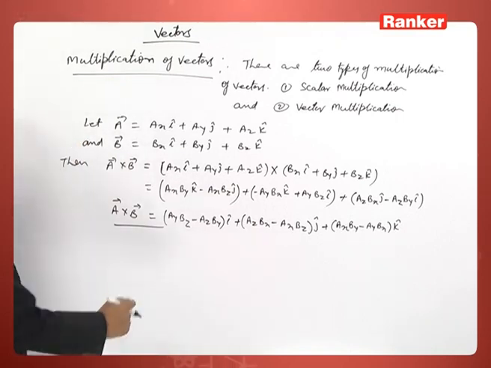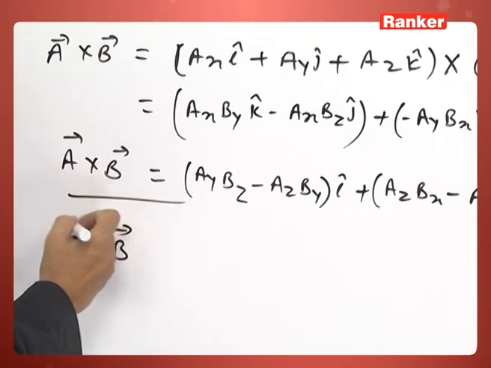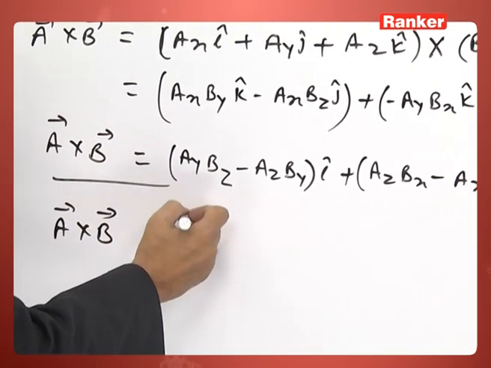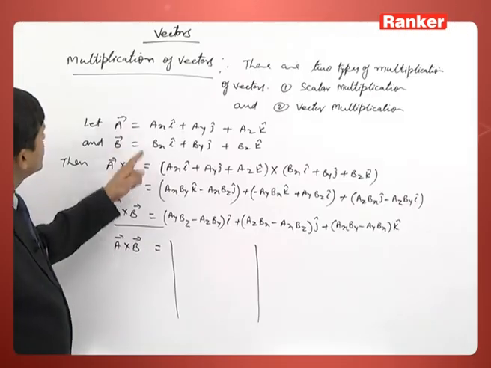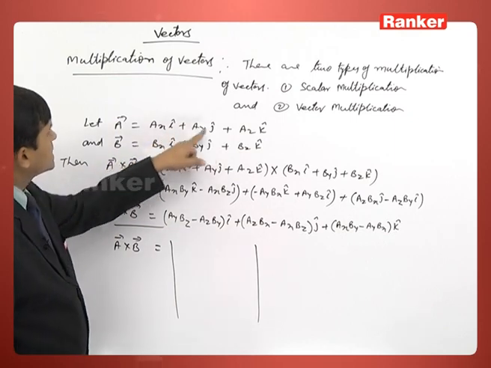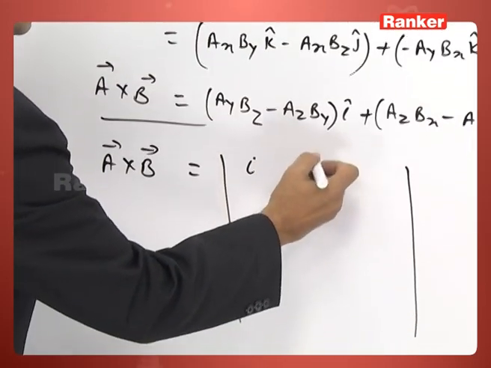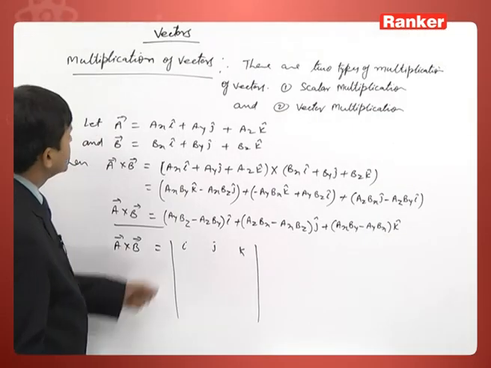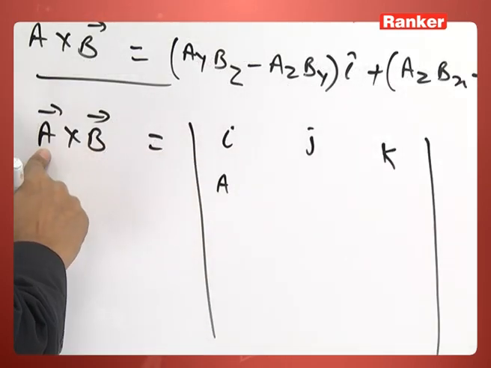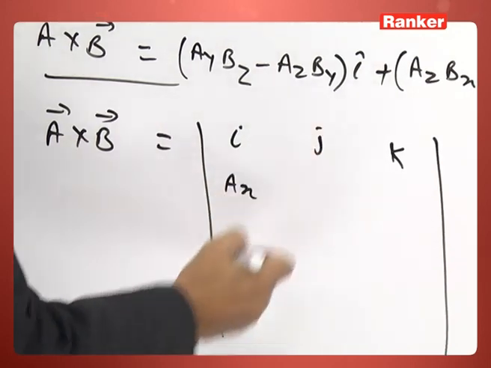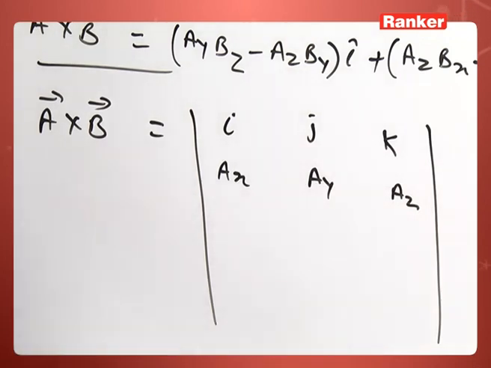See, one more easy method of finding A cross B is the determinant method. In the determinant method, A and B are these two vectors, and i, j and k are their unit vectors. So first write down i, j and k and then their corresponding coefficients. For A cross B, first write the coefficients of A: ax, ay, az.